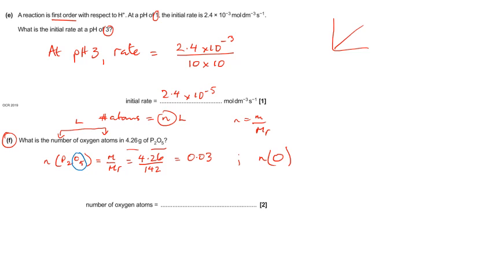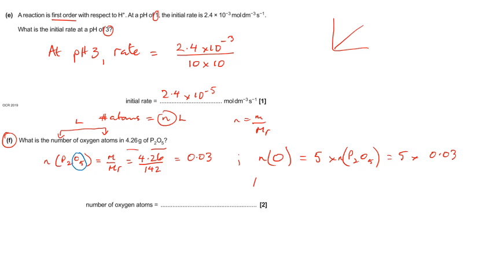So the moles of oxygen atoms is going to be 5 times the moles of phosphorus oxide. And so that is 5 times 0.03. Now we're going to work out the number of atoms.